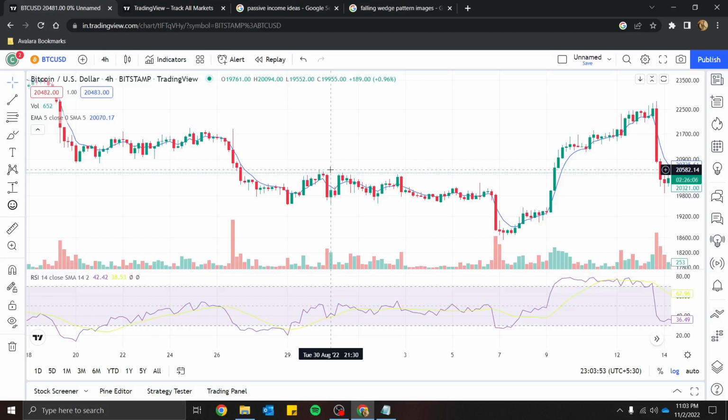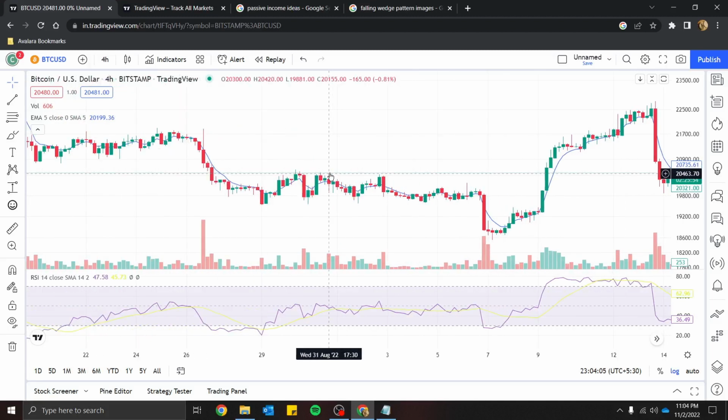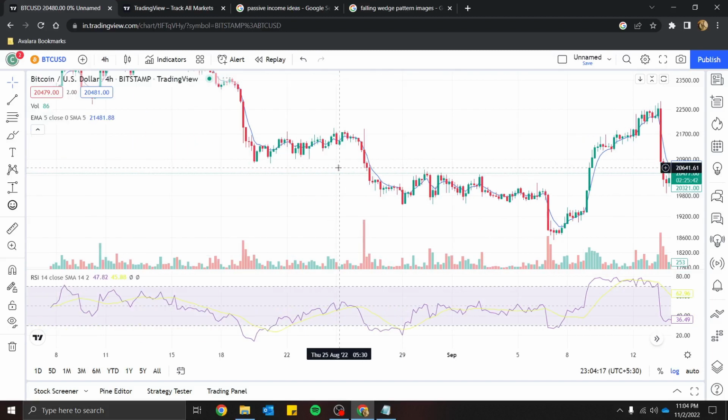So even if you take 4 trades and make a loss in 3 of them and make a profit in one of them, then also overall it will be a profitable trade. So out of 10, even if you make a loss 6 times, you will recover all the losses that you made in 6 trades by making 4 profitable trades out of 10. So this is the best part of this strategy.